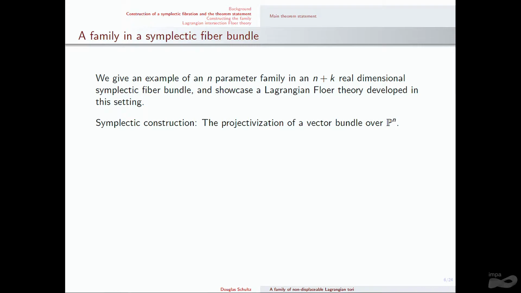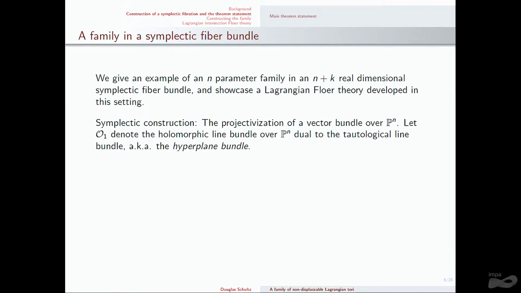So the construction. I guess the simplest thing you can do is take a projectivization of a vector bundle over complex projective space. Let O(1) be the holomorphic hyperplane line bundle over P^n, the dual to the tautological line bundle, and let O(i) denote its i-th tensor power.